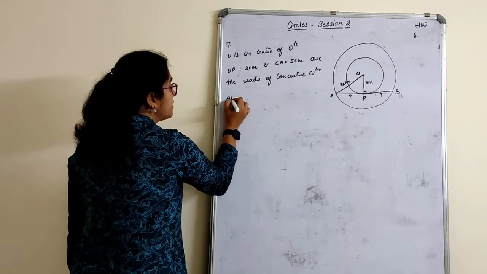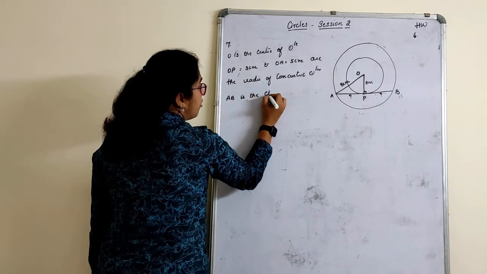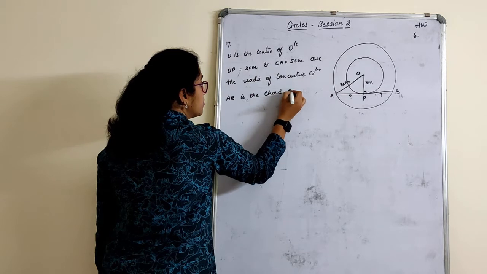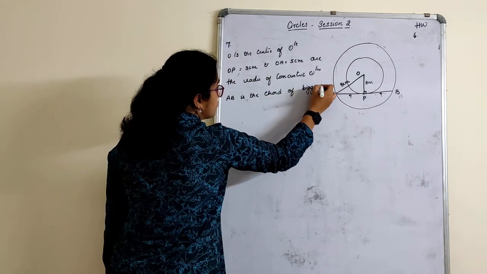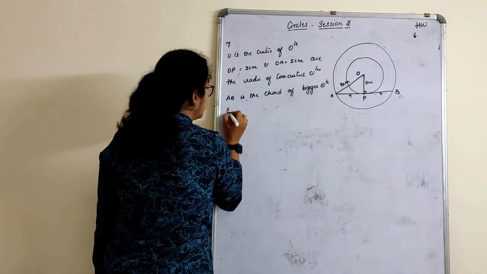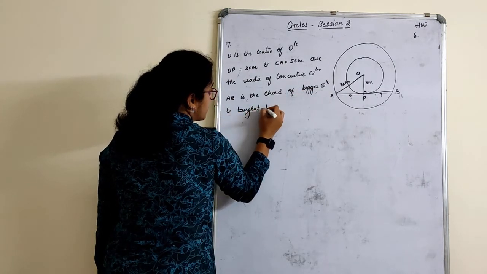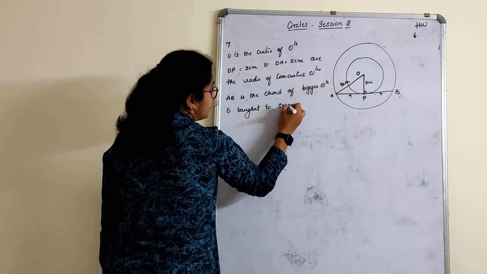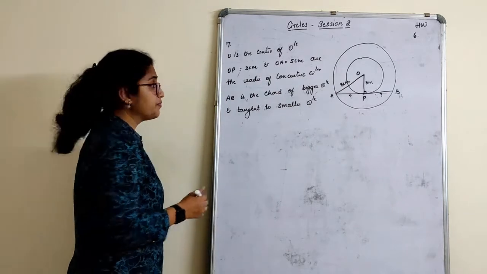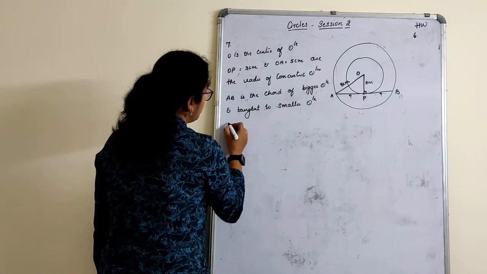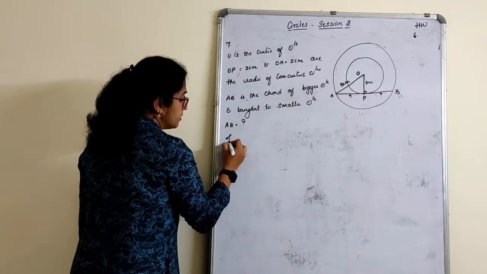Okay, AB is the chord of the bigger circle and tangent to the smaller circle. Very clear what I have written? We have to find the measure of AB. Now AB measurement is to be found out.